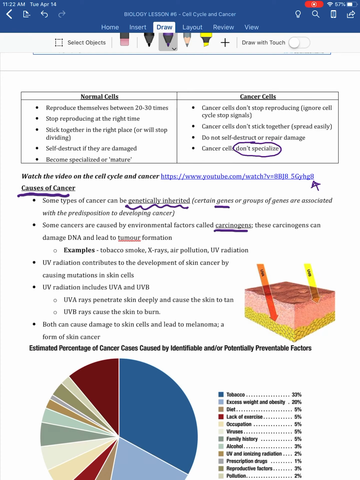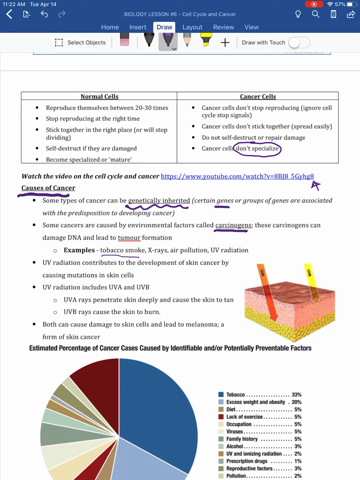Some cancers are caused by carcinogens, which, remember, cause mutation of DNA. And these are environmental factors. So you weren't born with them, you were exposed to them through your environment. Okay, so you've heard about this, tobacco smoke. When people smoke, when you're inhaling the smoke, the toxins in the cigarette smoke or vaping, don't think it's just cigarettes.